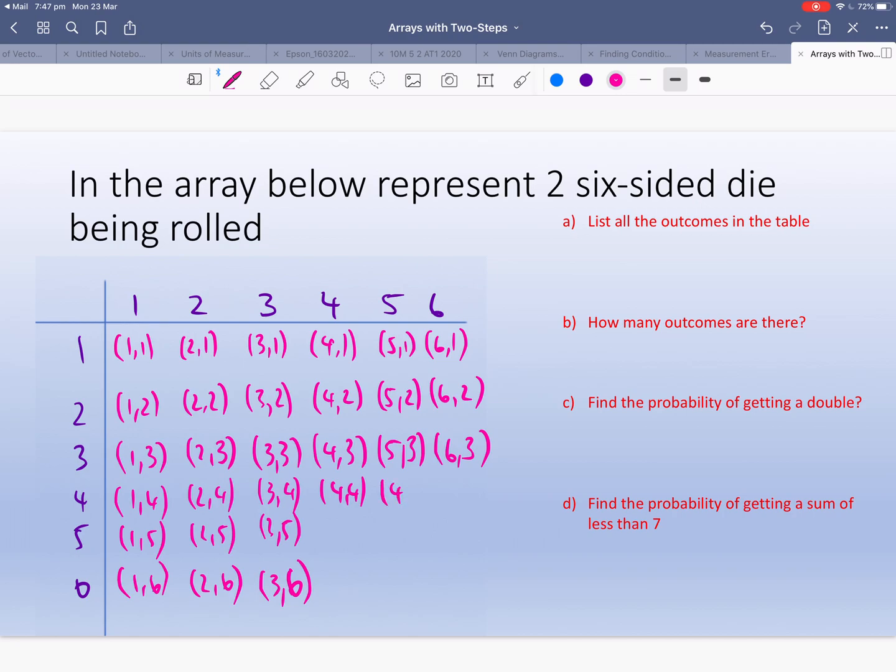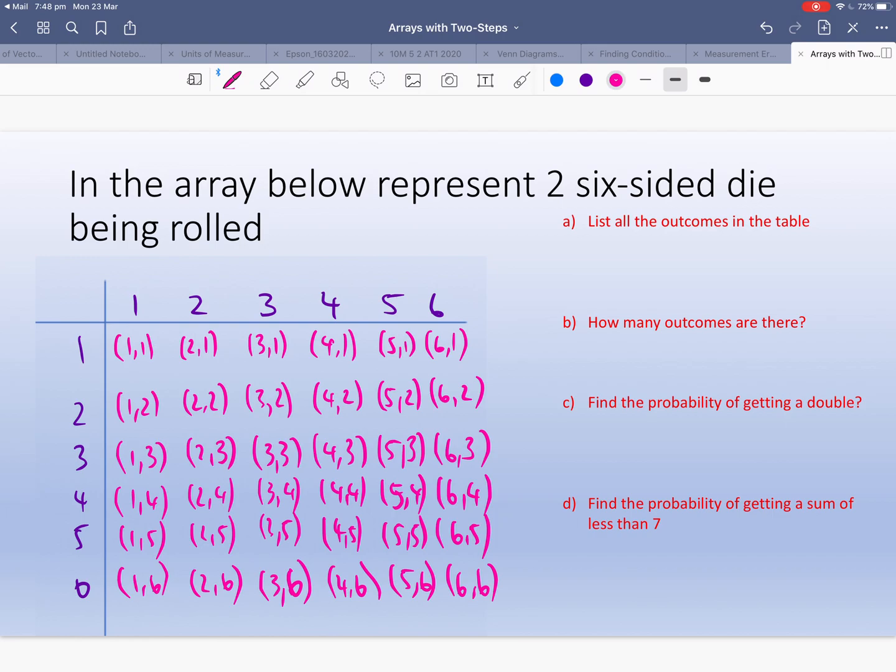I'm changing my pattern all the time, so I apologize to those for whom this is frustrating. But for me, it seems to be okay. And then 5 5, 5 6. This one I did wrong, didn't I? So that's 6 5, and then this will be 6 6.